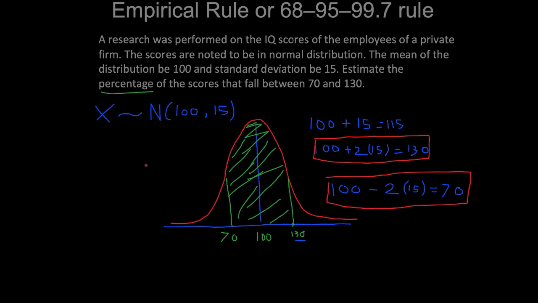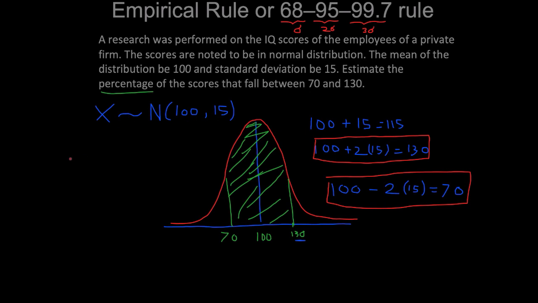Now go back to the empirical rule. 68 means one sigma, 95 means 2 sigma, 99.7 means 3 sigma.